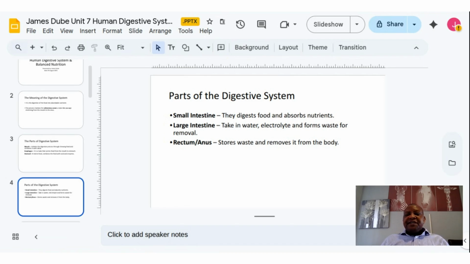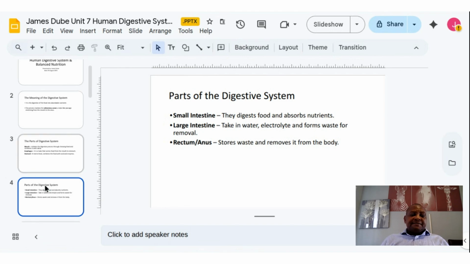All that happens in the small intestines. The large intestines take in water and electrolytes and form waste for removal. After that, it goes through the excretion process, done through the rectum or the anus, which stores and removes waste from the body after everything has been done.